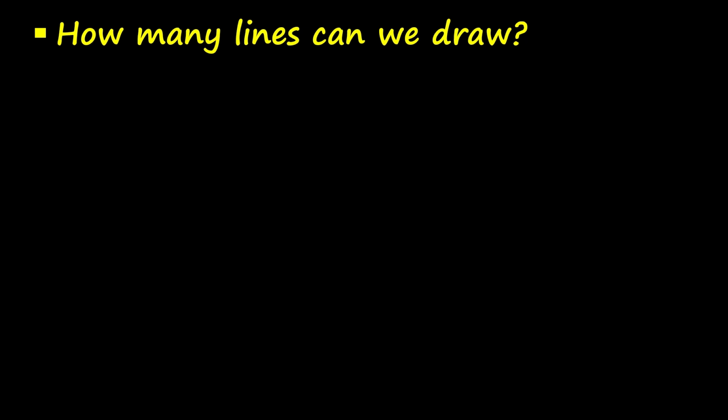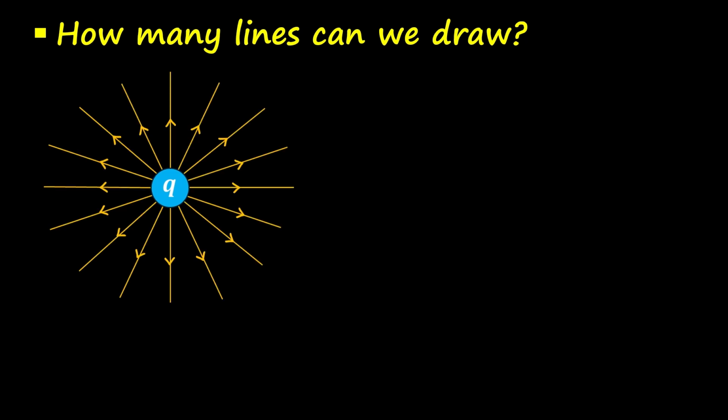Now the next concept which I want to discuss is how many lines can we draw. Suppose we take a plus Q charge, and theoretically or ideally we can draw an infinite number of lines, but for the sake of representation, let's say I have drawn 16 lines.